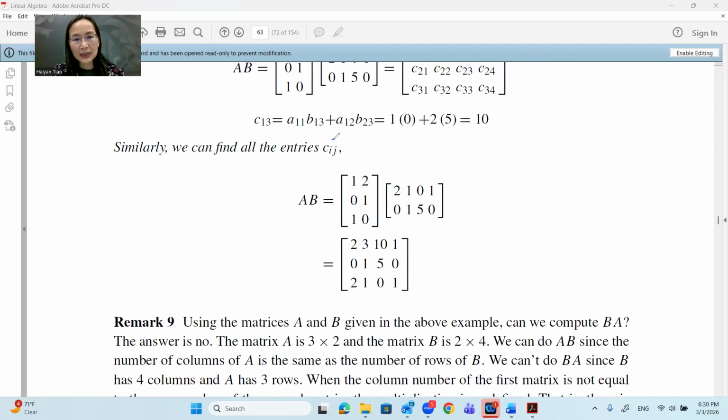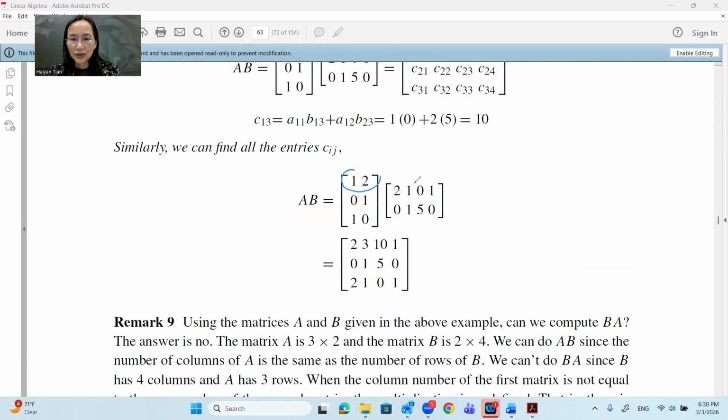So if you want to calculate the ij entry of the product, what do you do? You just use the ith row of A and the jth column of B and find a number. That's the inner product of the two vectors.